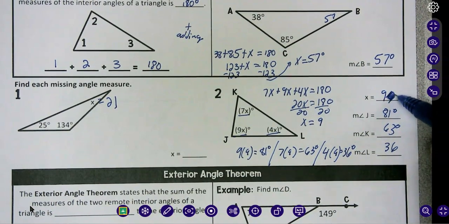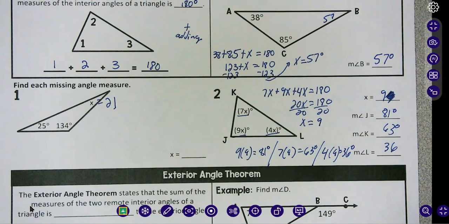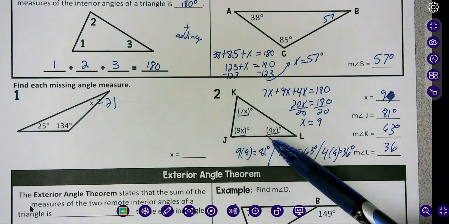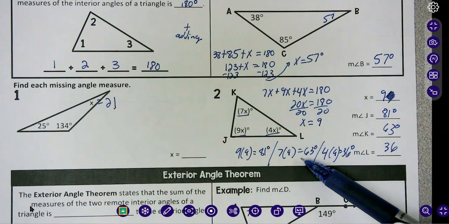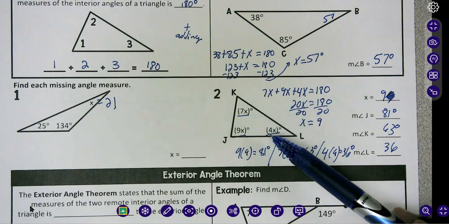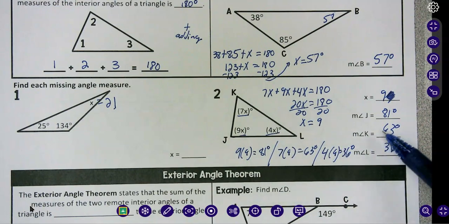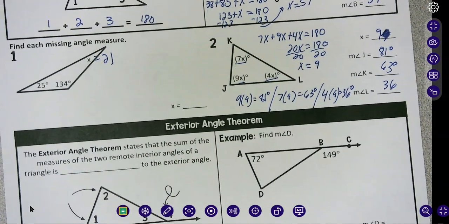It equals 9. I don't know where that 0 came from. And then I solved for each angle. I put 9 in for X on each angle. 9 times 9 is 81. 7 times 9 is 63. 4 times 9 is 36. And of course, if you add all those up, you should get 180.